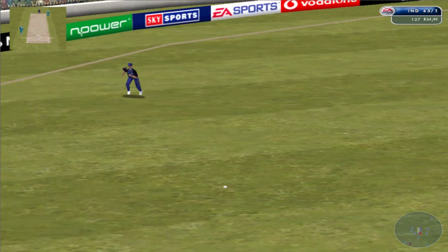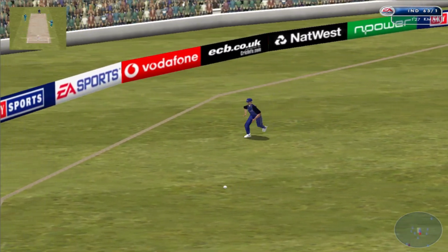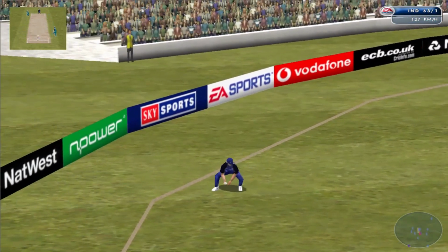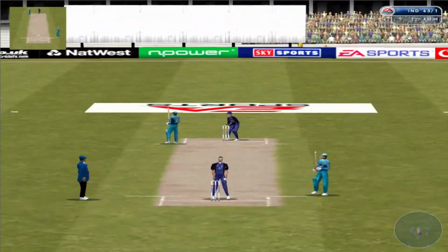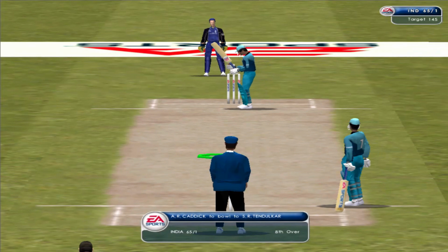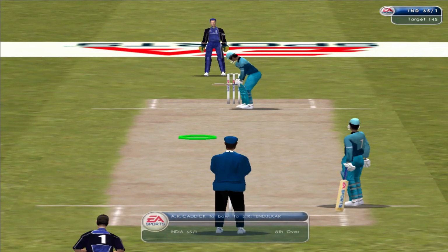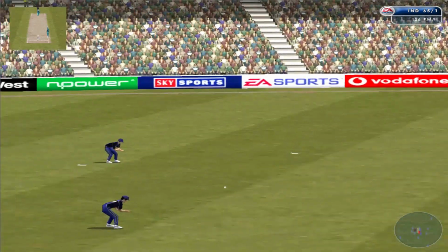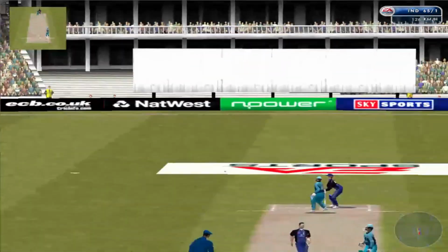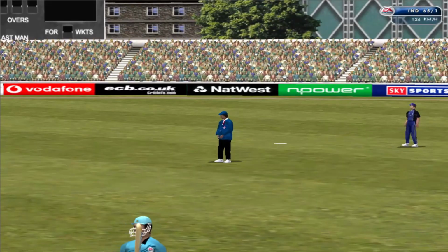The second wicket pair have moved their partnership on to 50. There's a mix-up with the batsman. He looked as if he was home to me.